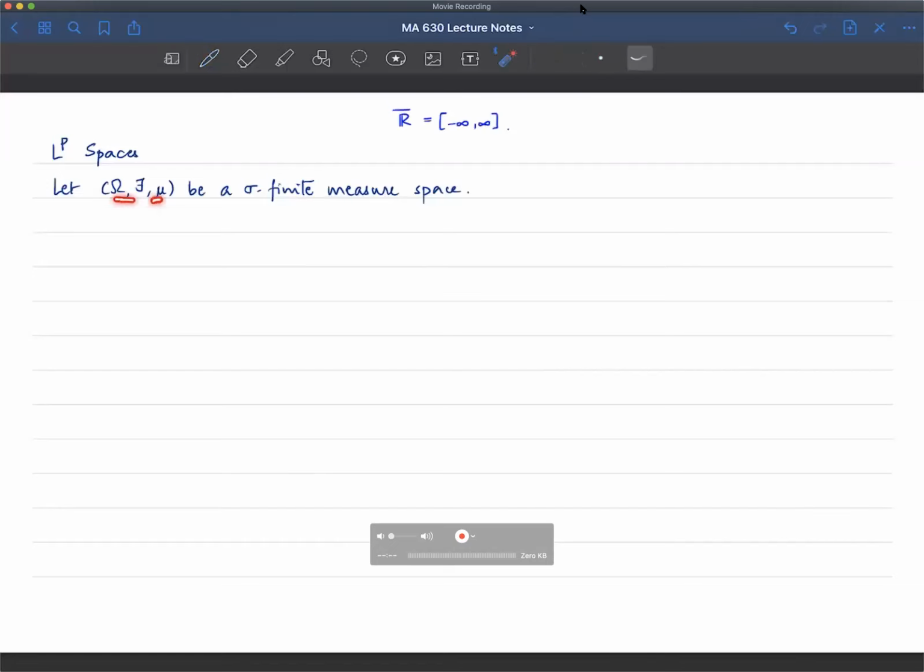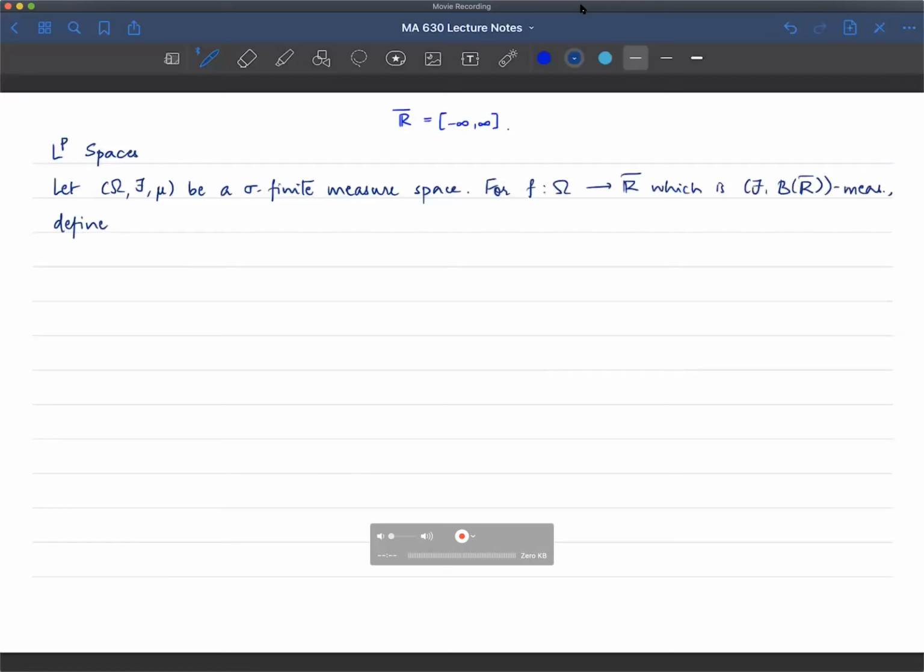So let (Omega, F, mu) be a sigma-finite measure space. For f mapping Omega to R bar, which is F/B(R bar) measurable, we will define the following.